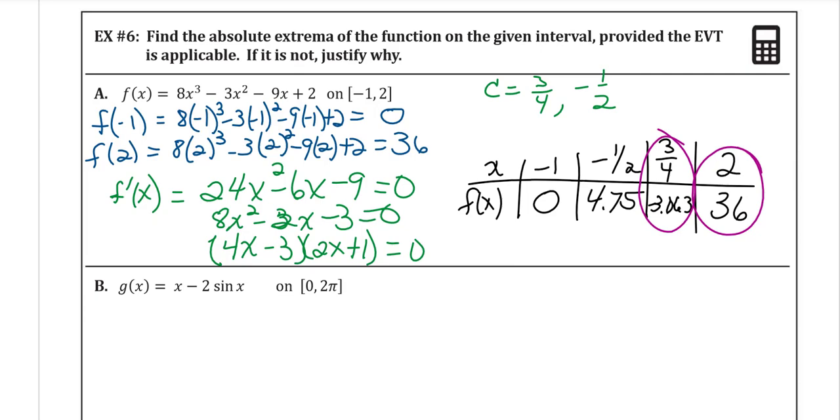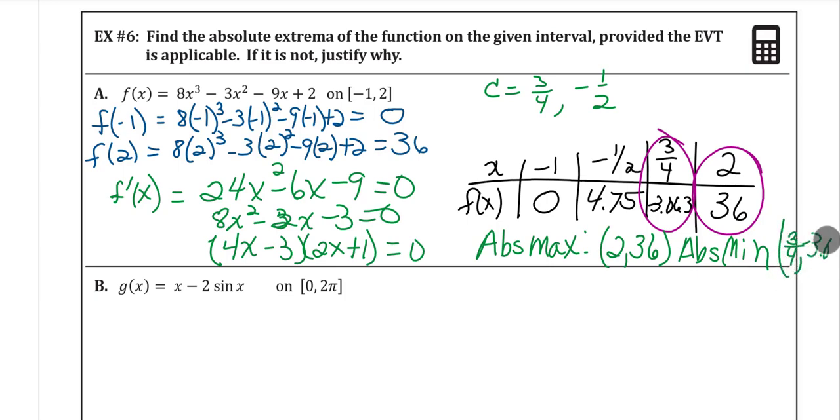Okay, so our absolute max is at (2, 36), and our absolute min is at (3/4, -3.063).